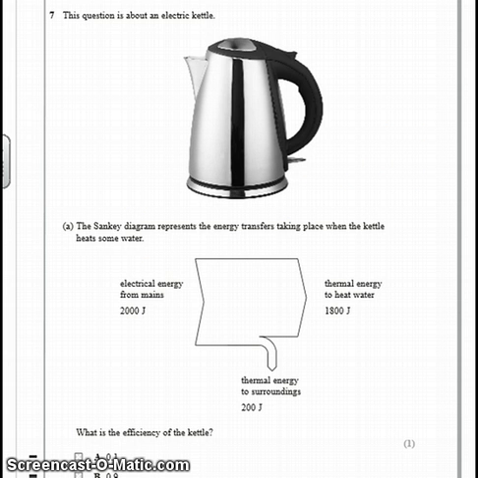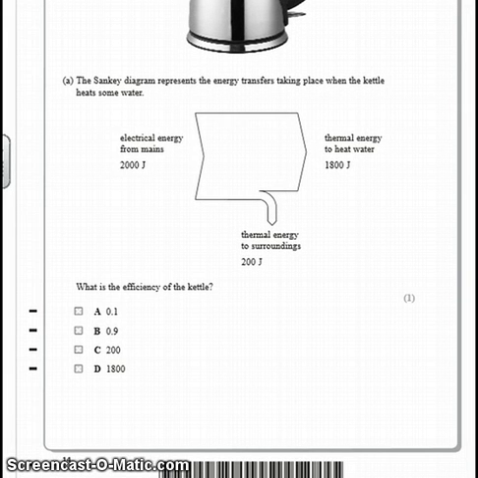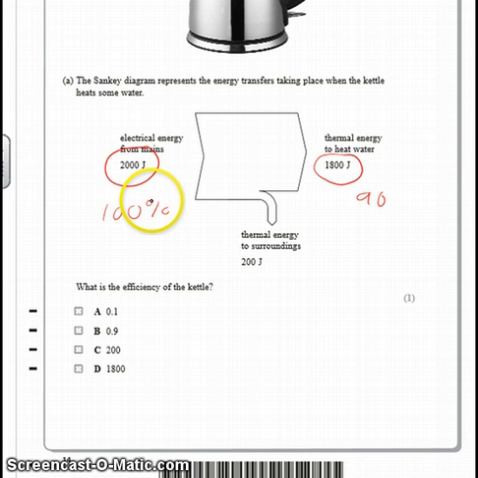Right, question 7 is about a kettle, and we've got a Sankey diagram which shows how energy is transferred within the kettle, and we're asked what is the efficiency of the kettle. Well, we have to look at the input energy and the useful output energy, and what I can see here is that of the 100% of energy that goes in, I'm getting 90% back out as useful energy, so 0.9 is going to be the efficiency.